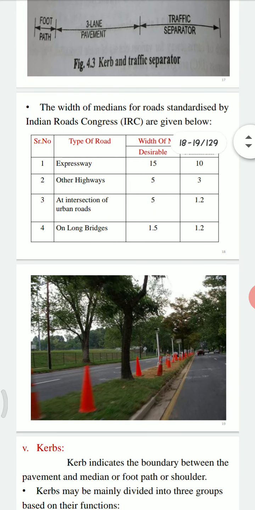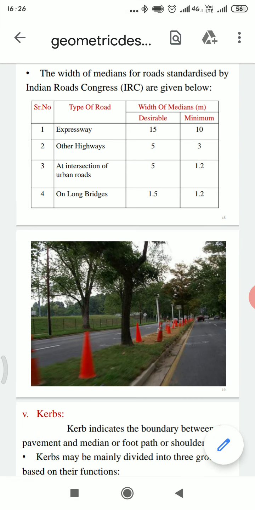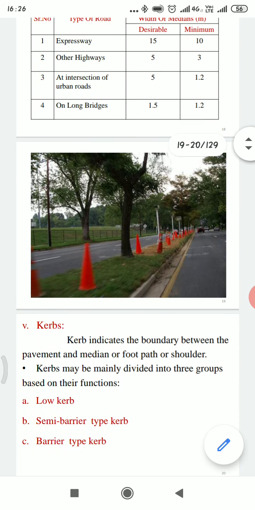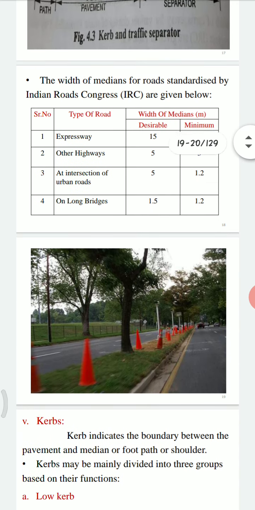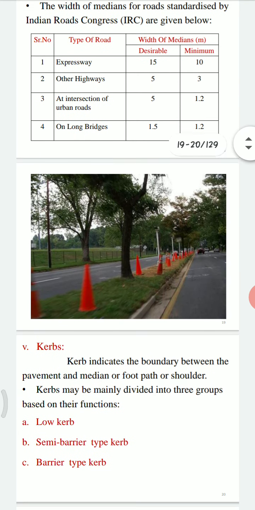At intersections of urban roads, where 2 or 3 roads connect at a point, provide 5 meters maximum and 1.2 meters minimum, based on the land area. On long bridges like Penna Barrage Bridge, the median is 1.5 meters maximum and 1.2 meters minimum. So this is regarding the median and its width.